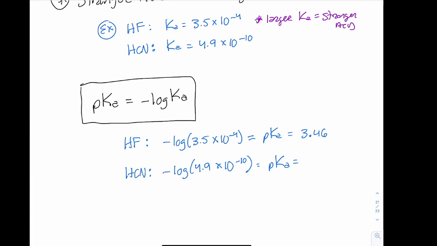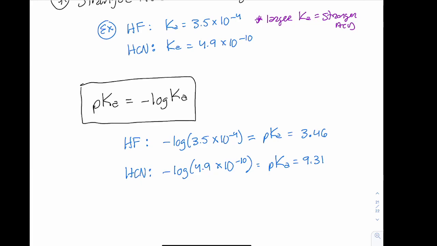I want 2 digits after the decimal point for 2 significant digits, right? I'm typing in the next one, and I have 9.31 for my pKa for hydrocyanic acid.